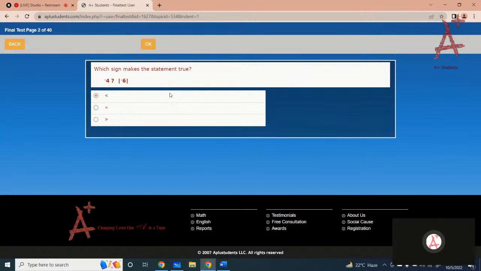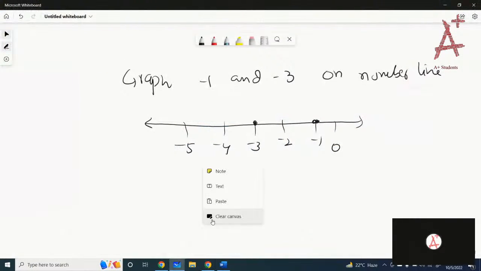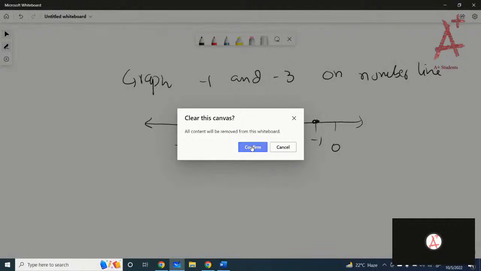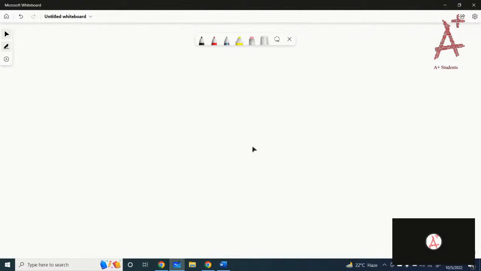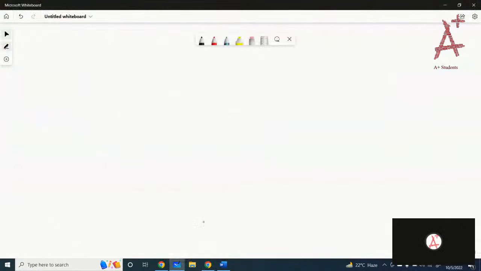The absolute value of negative 6 is 6 because absolute values are always positive numbers. Got it? Let me just explain. You have to compare negative 4 and the absolute value of negative 6. The absolute values are always positive numbers.